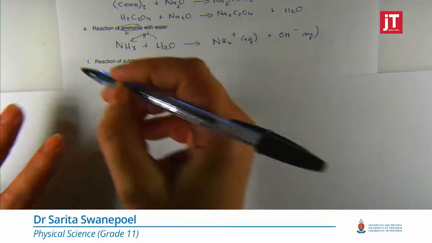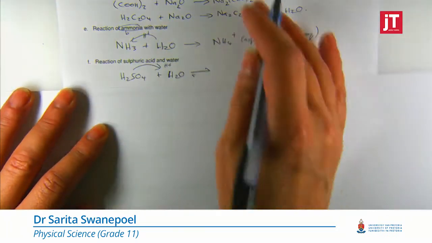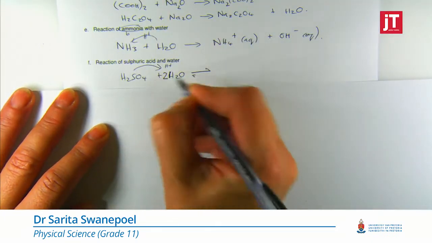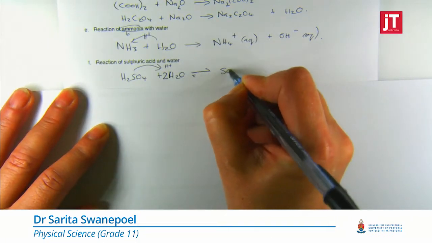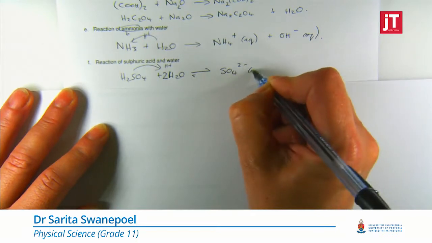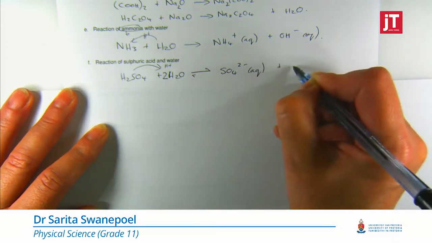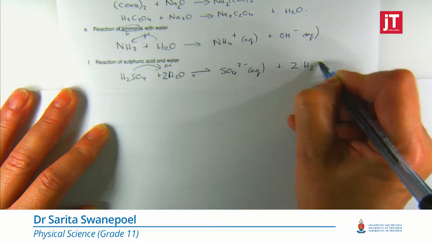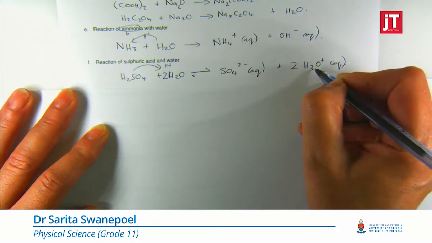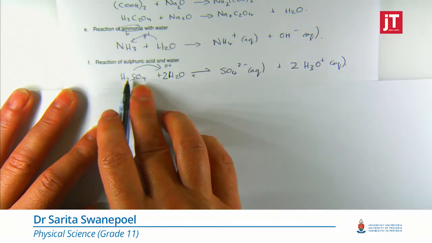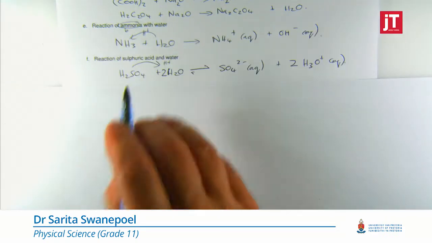But it depends. If we are going to write the reaction, you can say it reacts with 2 water molecules, give off 2 H+, so it will end up SO4 2- in solution and 2 H3O+. So you get 2 hydronium ions for every sulfuric acid molecule that you put into water.